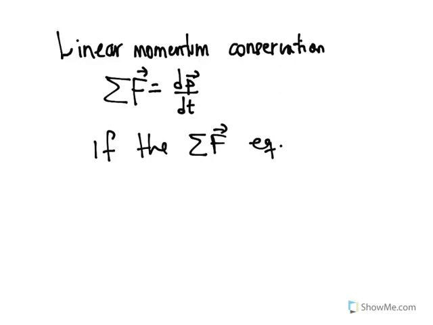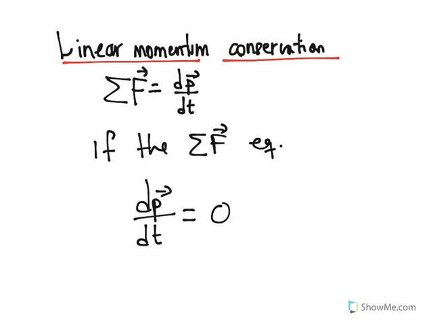Well, Newton's first law states that this sum of forces is equal to 0, so the change in momentum over time is equal to 0. If there is no change in momentum over time, then the linear momentum is conserved.